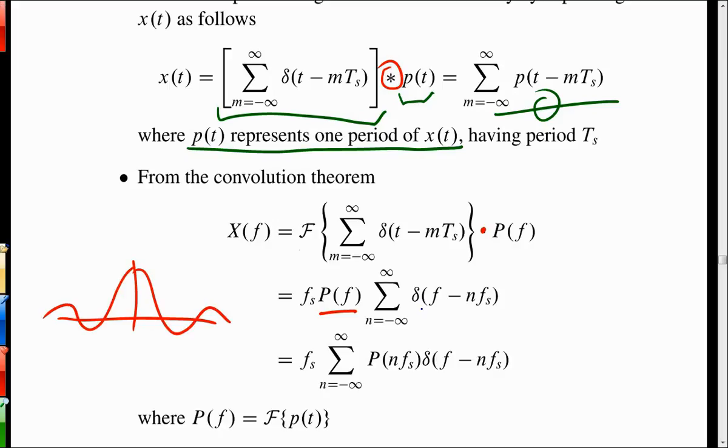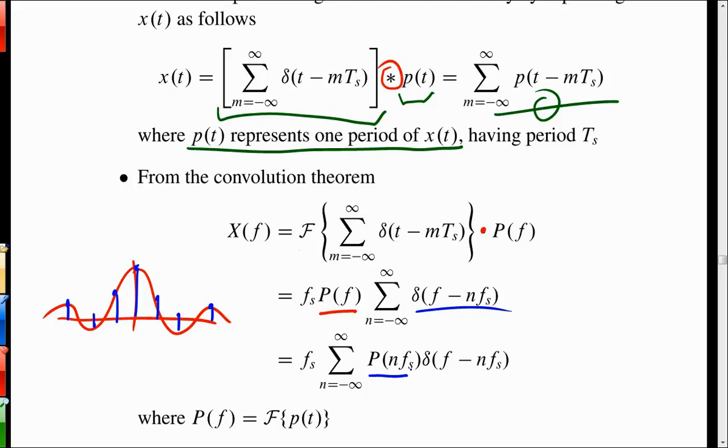But the impulse train over here says you only care about what goes on at multiples of n times Fs, so it effectively comes along and samples this thing. So when you have that arrangement of P of f times an impulse, you can just replace it by P of f sampled at n times Fs, because those are the only values you really care about.